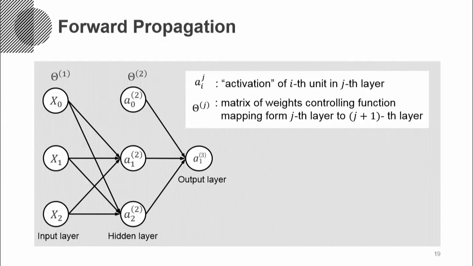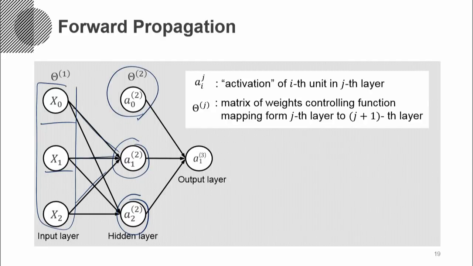Suppose we have this neural net architecture where we have a three-dimensional input vector, and then in the next stage we have two nodes in the hidden layer that are processed by our inputs, and additionally we have some bias term, and altogether these are combined into one single output layer.